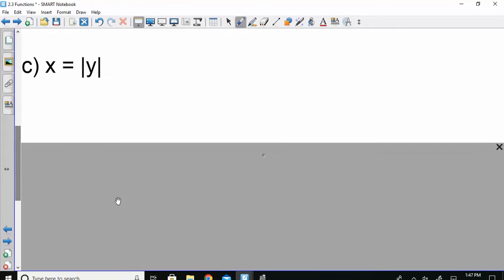All right. C. Can the graphing calculator help me with this? No. Okay. So what do we do? Okay. So this means that either y equals x or y equals negative x, right? We've solved those.